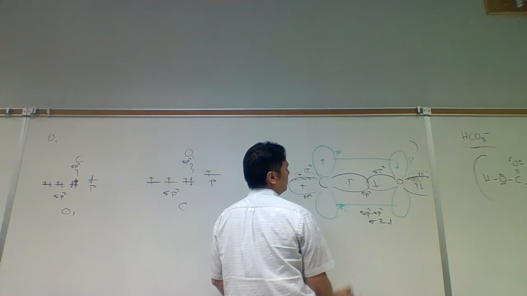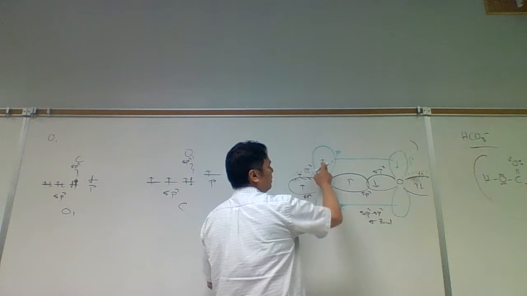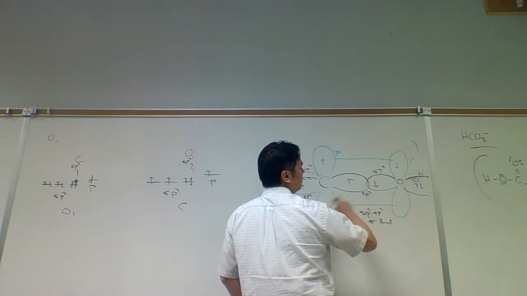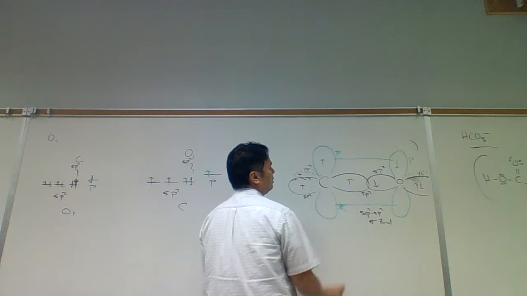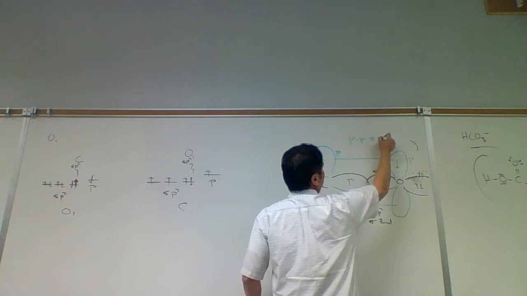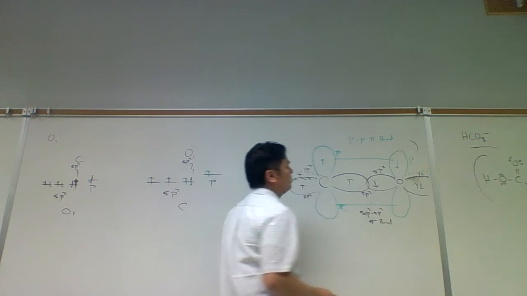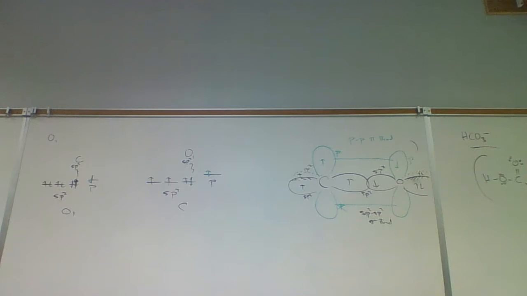The distribution goes out. I could put the electrons in the upper lobes or in the lower lobes or somewhere between. But do you know what we form here? We form a p-pi bond. And so what a double bond consists of is a pi bond and a sigma bond.